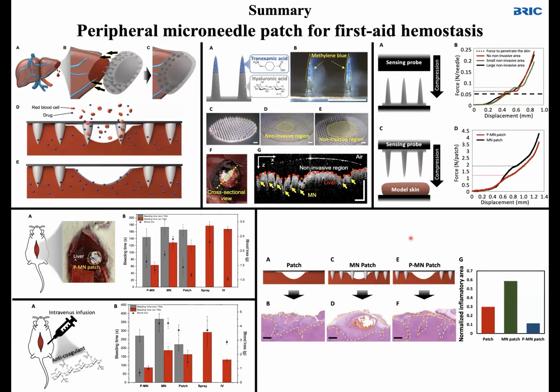And we have also proved the practical performance of the peripheral microneedle patch compared to very diverse conventional manners. It has even shown better performance than the IV, which is commonly used in the hospital.